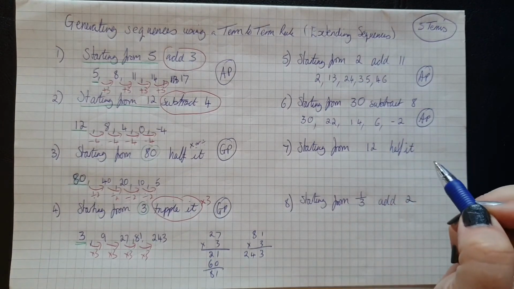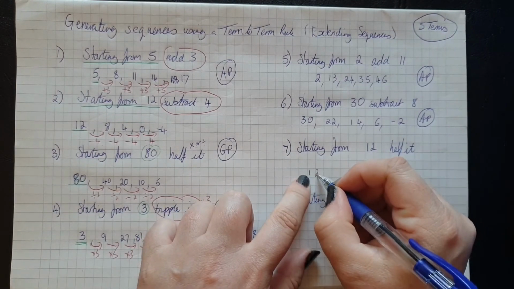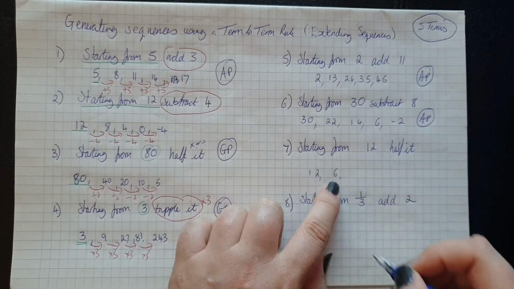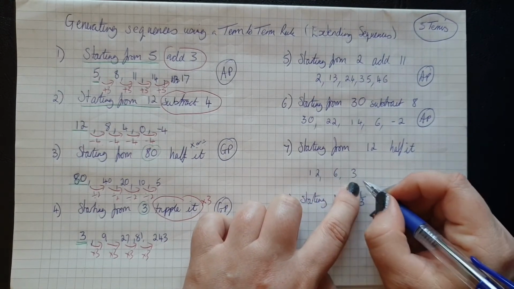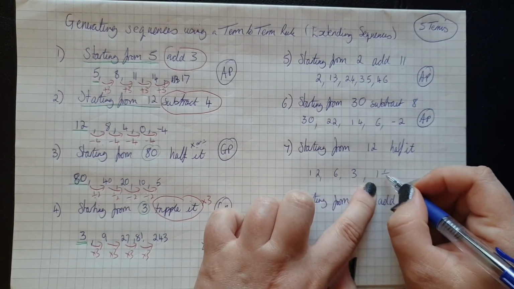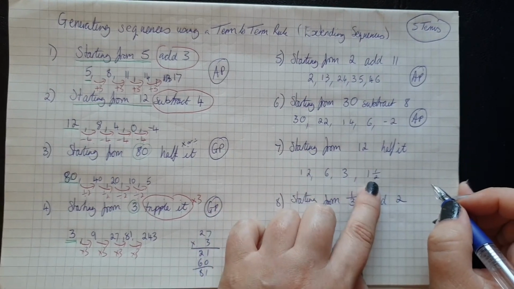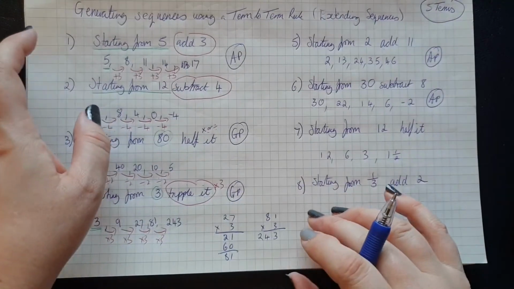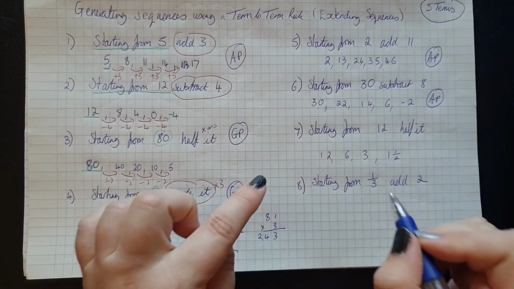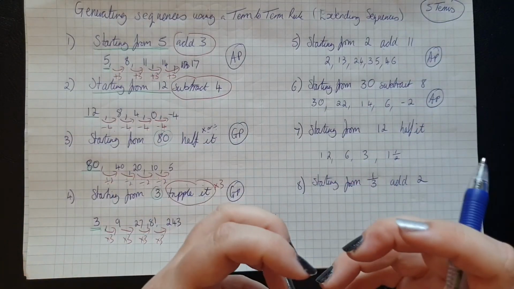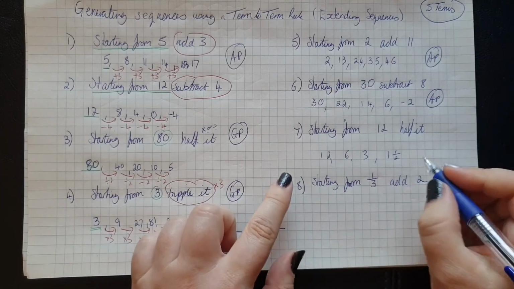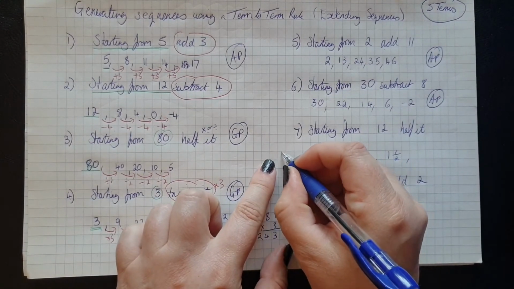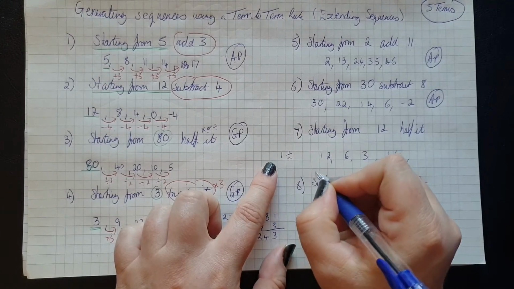Starting from 12, halve it. So I've got 12, 6, 3, 1.5. Oh, no, that's tricky. 1.5. I don't know what it is, so I'm going to do a jotting. As I say, any of these, if you're not sure what it is, do a jotting, do your working out, and that working out forms part of your work. Okay, so 1.5 divided by 2.